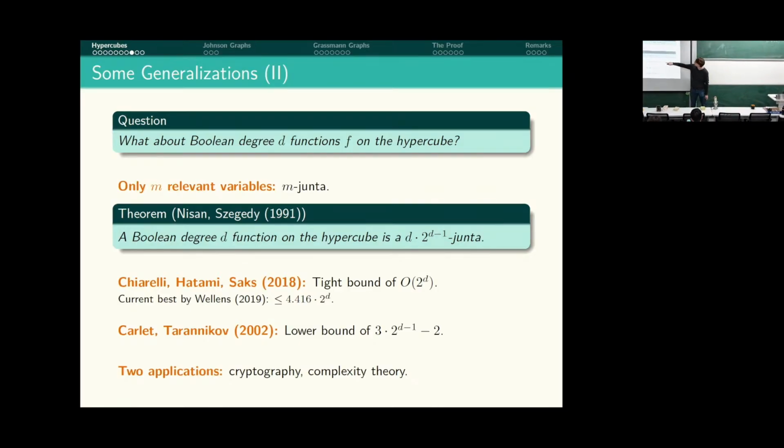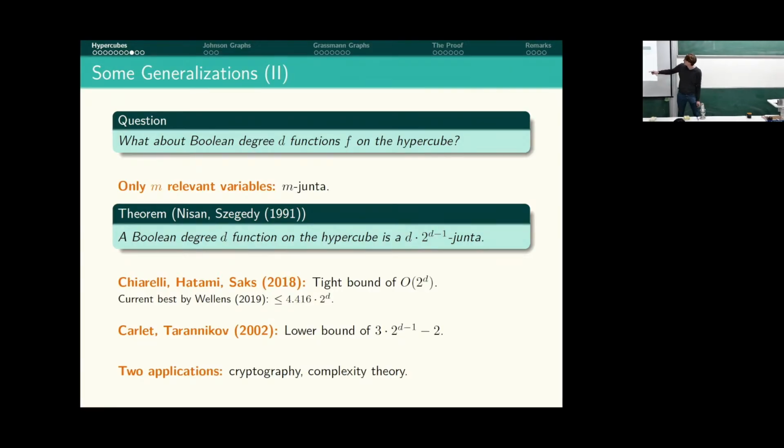And in this paper, where they got this 2 to the d bound, they also gave a construction of this size, which is exactly the construction Claude Calais and Paranikov already gave in 2002.